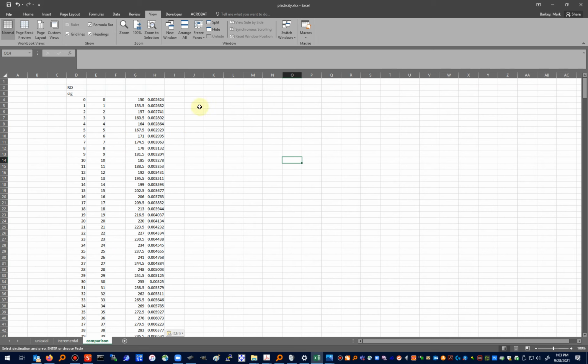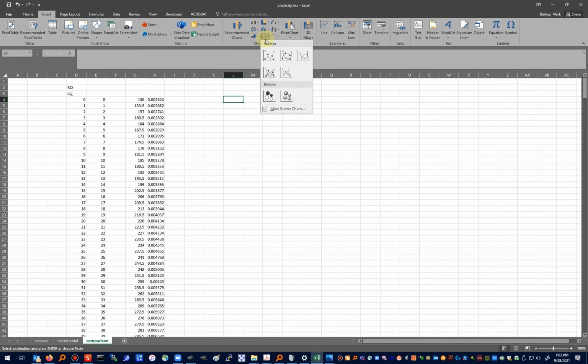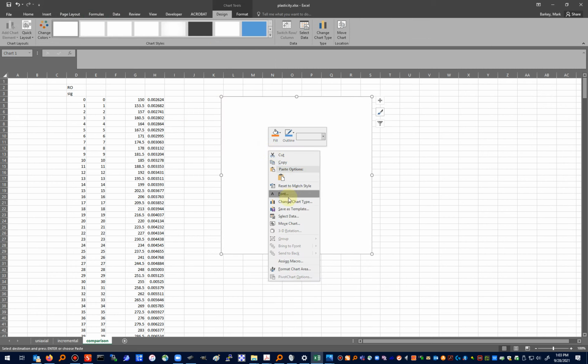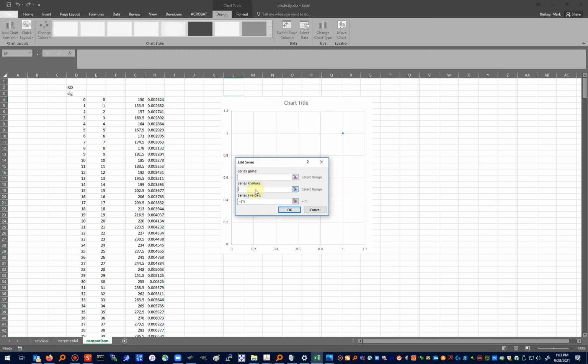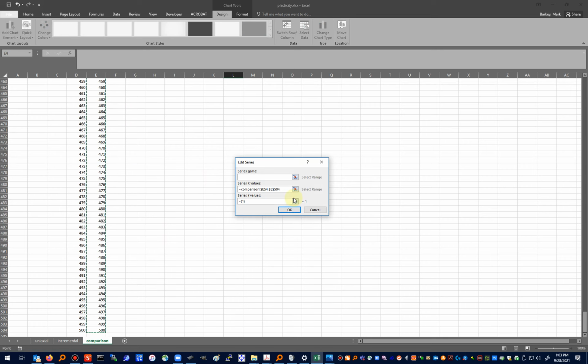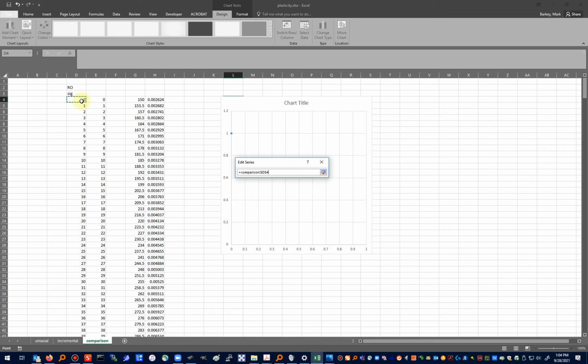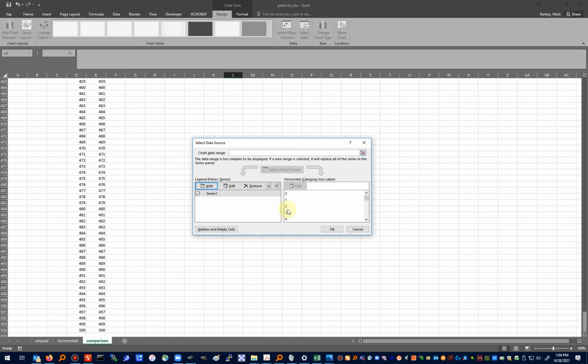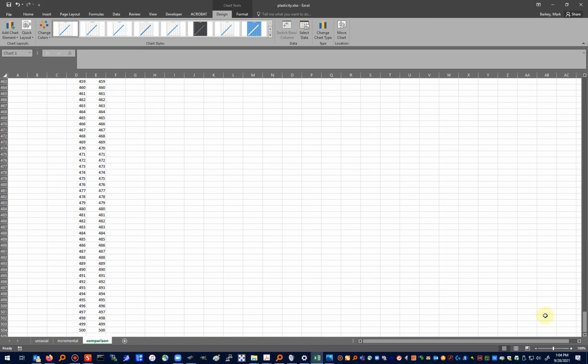Alright, now I'm going to make a graph. First graph, I'm going to put the strains from the Ramberg-Osgood equation in here. And the stresses. Let's make sure that plot looks okay.